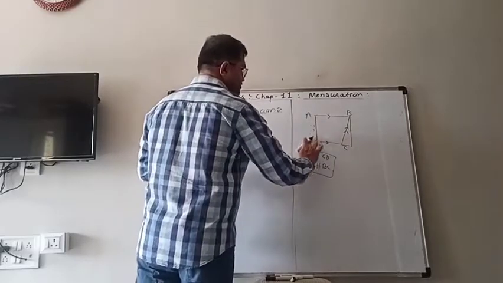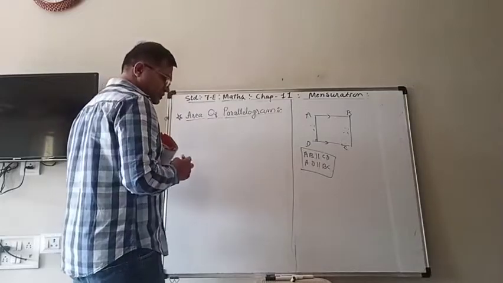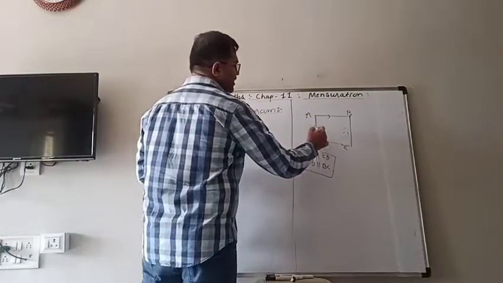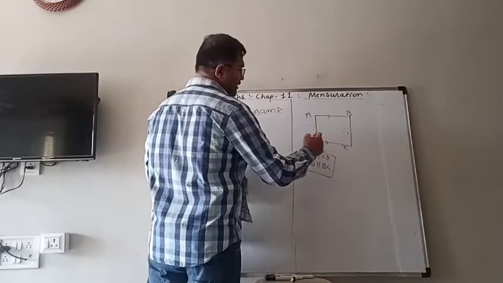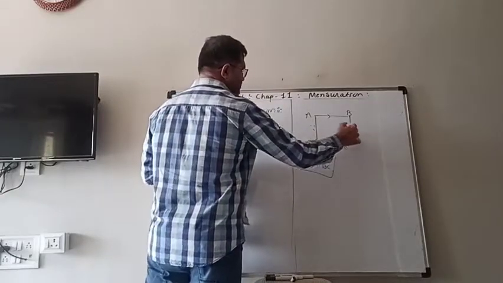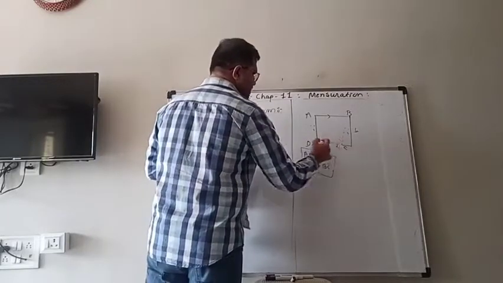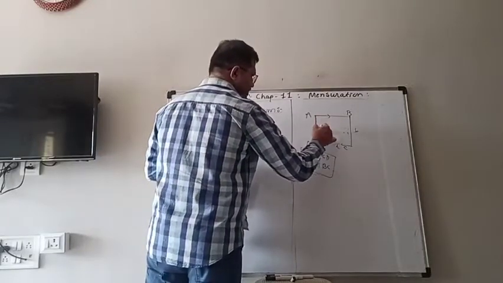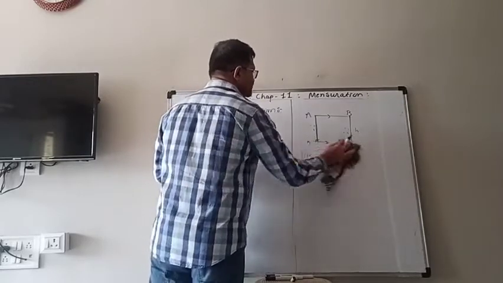Then it turns into a rectangle. It means the area of that will be the same as the area of the rectangle. Now the area of the rectangle is length into breadth. Here length is taken as the base and the perpendicular is taken as the height.